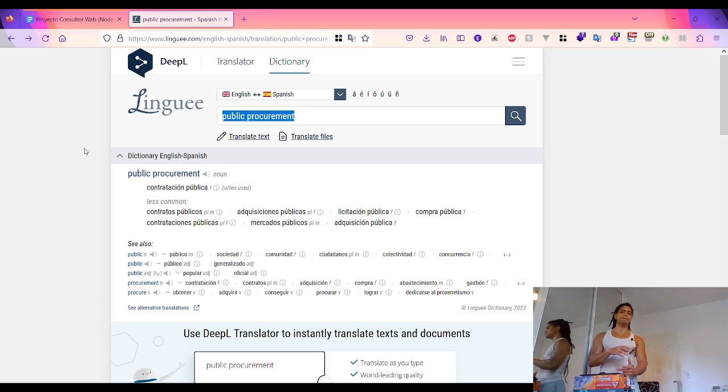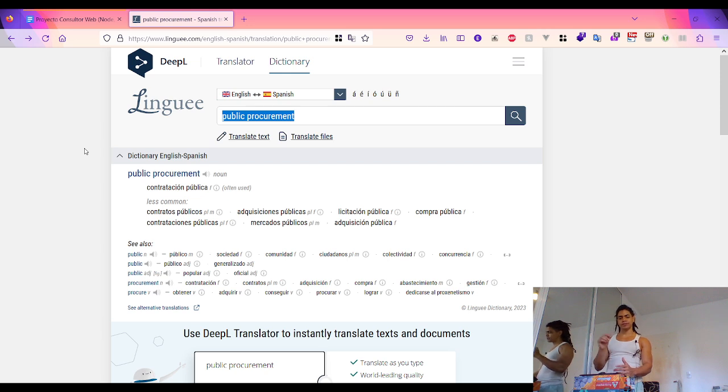Also, you have licensing and permit applications, when a business applies for licenses or permits like food service or building permits. Customs clearance and international trade, where a government agency provides online services to facilitate cross-border trade, such as electronic customs clearance.